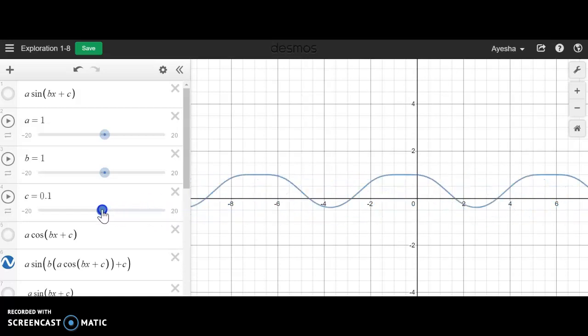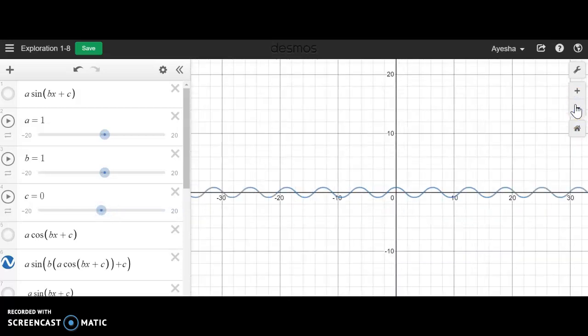Okay, I'm just gonna zoom out a little and see what's going on. So when I increase C, let's see when I decrease it. Oh, this looks really cool. I feel like if I animate this, it's gonna have an animation of waves.